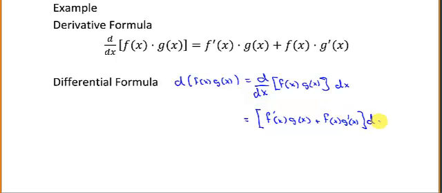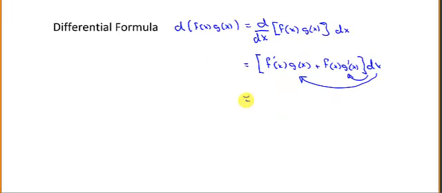And we multiply that by dx, distributing the dx through this quantity. We would have f prime of x times dx times g of x. I can multiply those in any order, of course, plus f of x times g prime of x times dx.